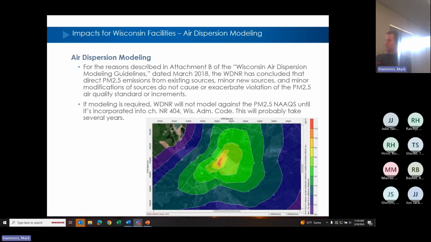One's going to be air dispersion modeling, and the other is going to be attainment of certain areas, attainment status. So let's start off with air dispersion modeling. I know this is a bit wordy, but there's a lot of good information on here. And this first excerpt is actually, I think, pulled straight from the DNR guidance.